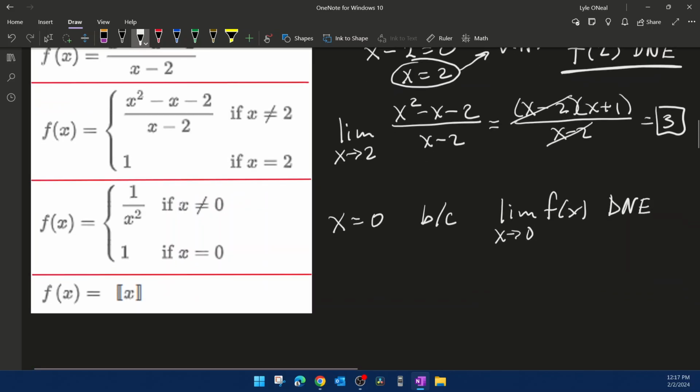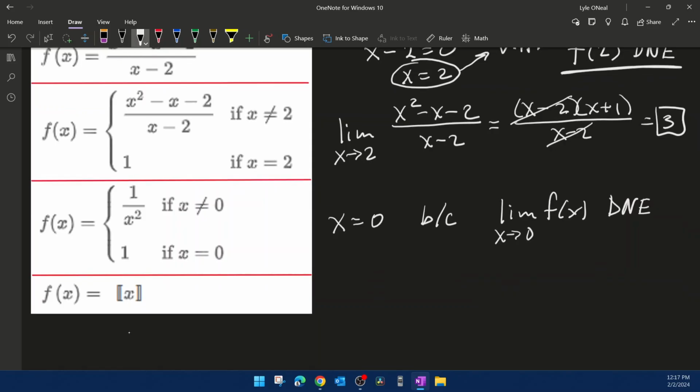And for our last function, if you're unfamiliar with this function, this is called the greatest integer function, also known as the step function. And what happens here, if you think graphically about the greatest integer function, or if you don't know how it works, it says that when you plug in a 0, you get 0.